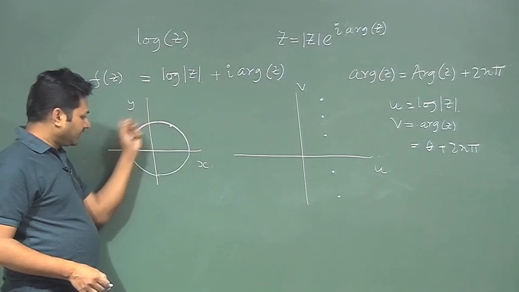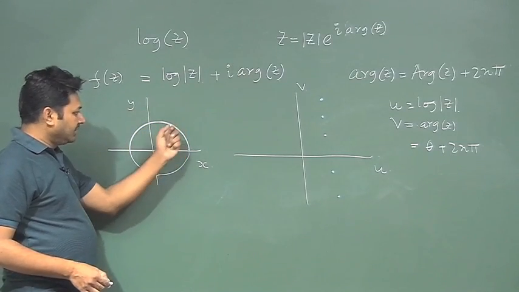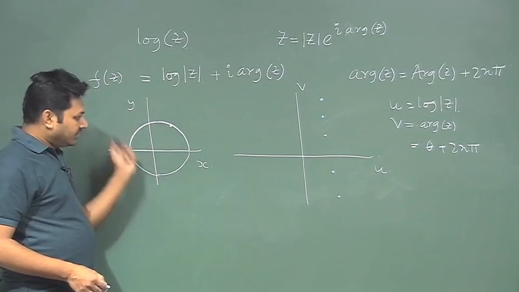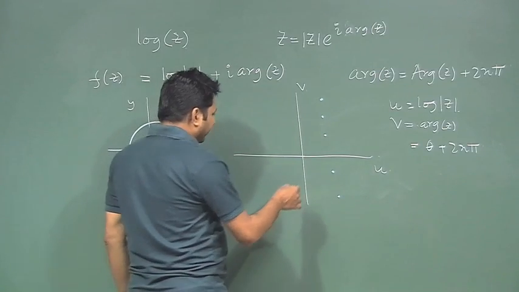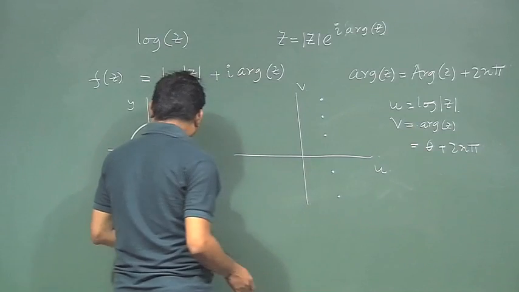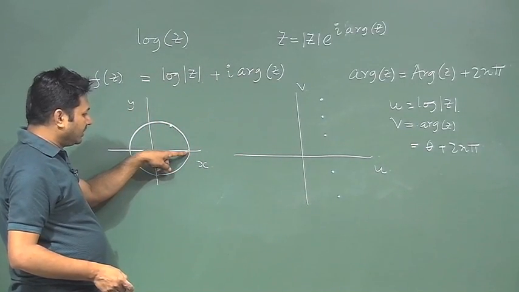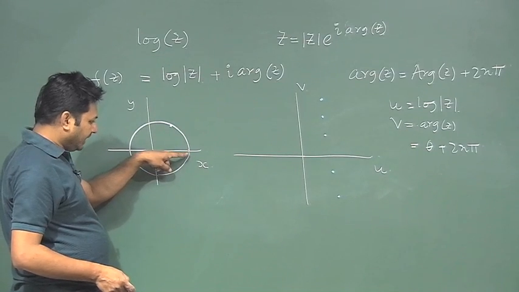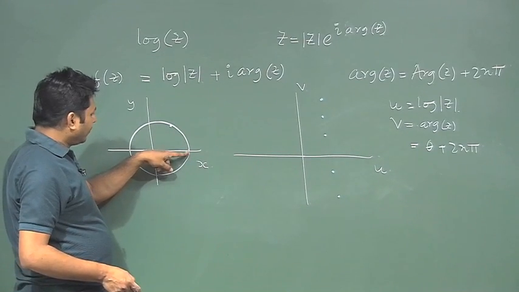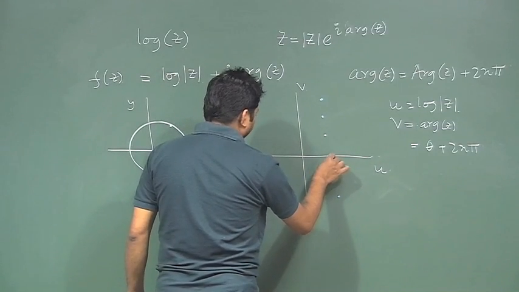But here after one rotation my n value is now 1, after two rotations my n value is 2, and so on.